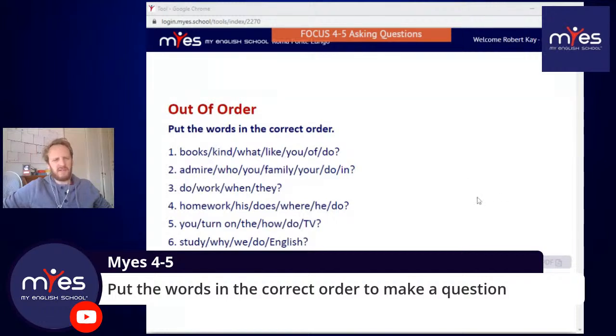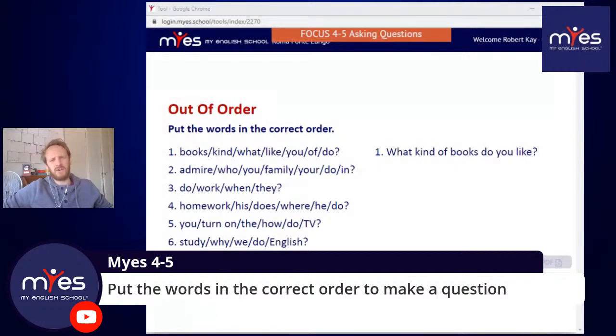Okay, so what do we think of the first one? What do you think the correct question would be? Tell us. We have books, kind, what, like, you, of, and do. So the first question would be, what kind of books do you like? The word kind is a synonym of type.